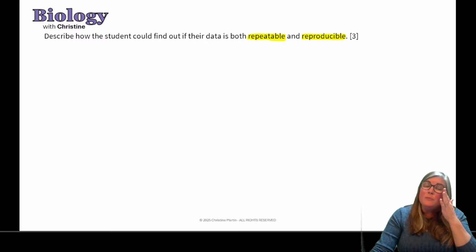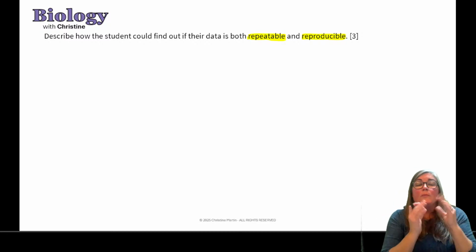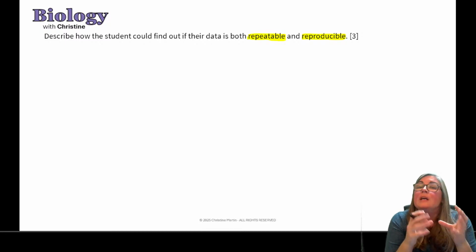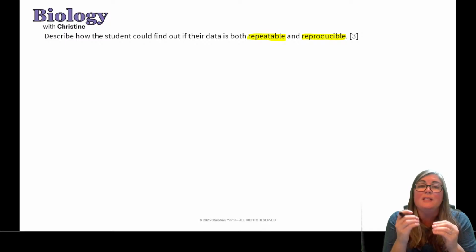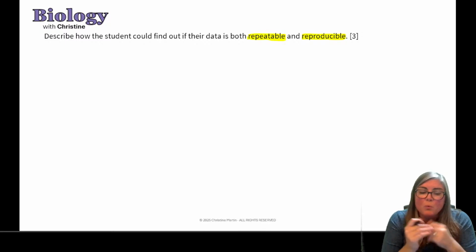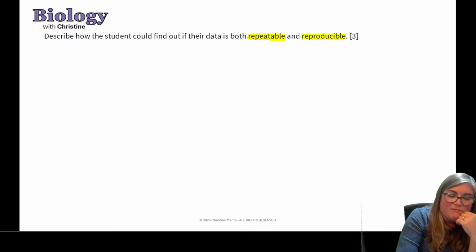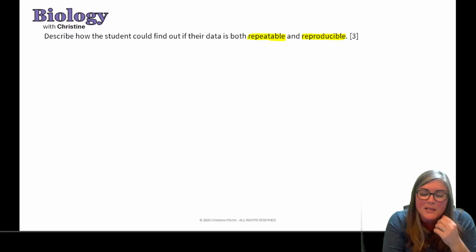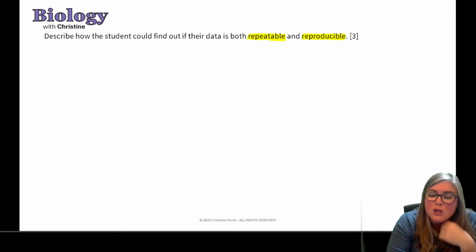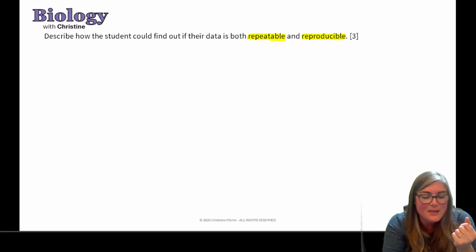So when it comes to a question like this, what they're actually assessing you on is your understanding of key scientific terminology. So what does it mean if it is repeatable? So it gives it away with a word. If the data is repeatable, it means that you are able to repeat the experiment.